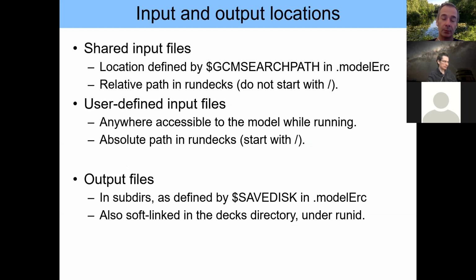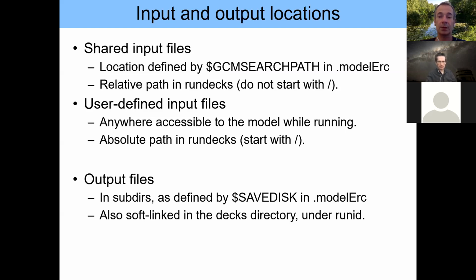And the input files can be anywhere. So there are some core input files that the model is using, and these exist in a directory that is defined under the GCM search path variable inside your .modelErc file. So you have done that already, and you can go and check what you have there.